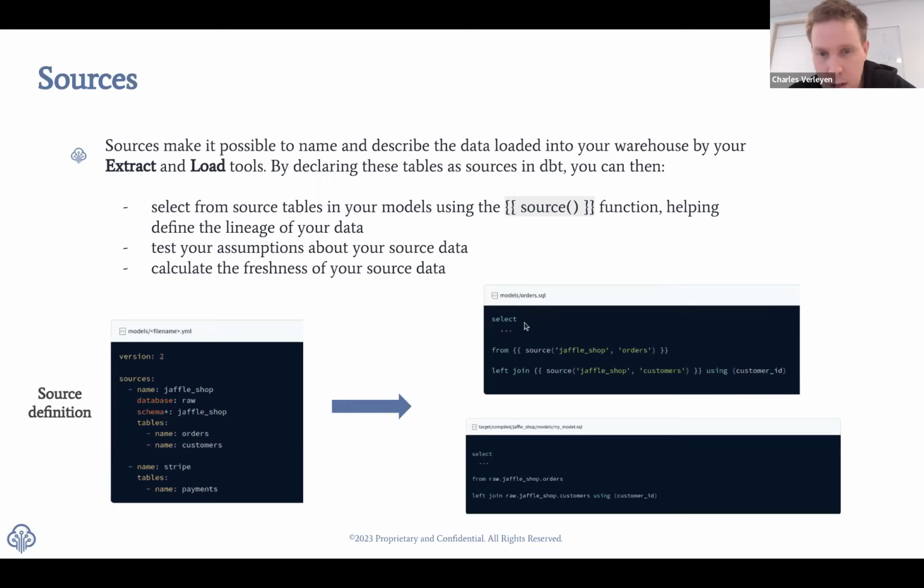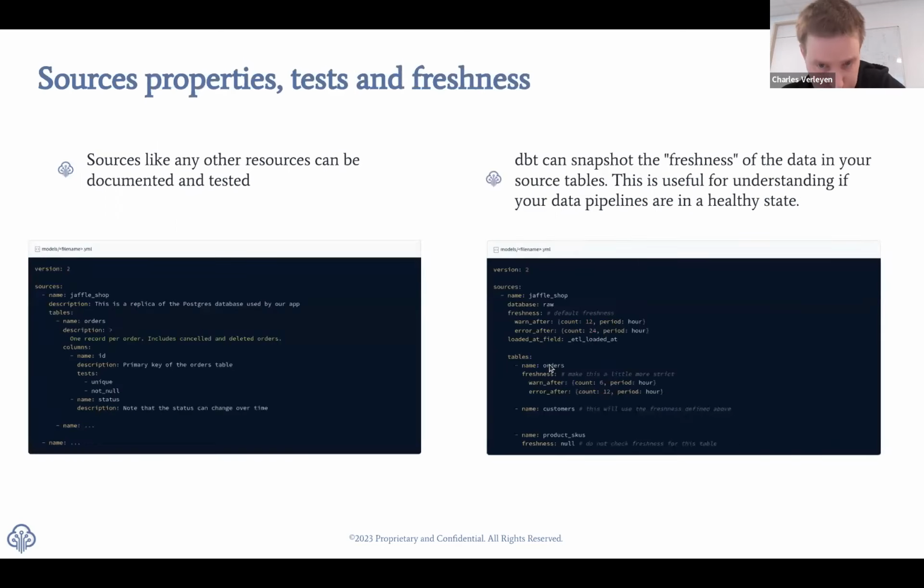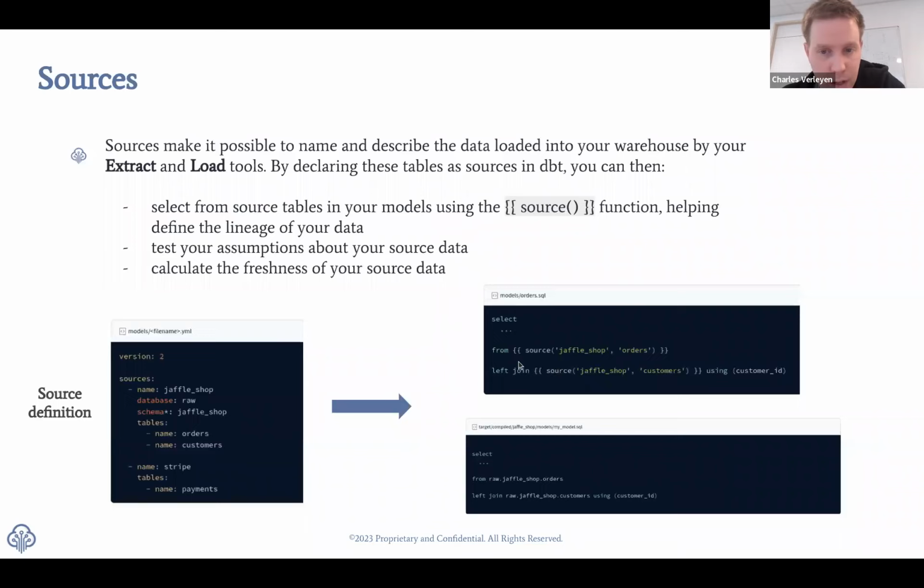Then the first models that use the source will be defined in your staging folder, if we abide by a data layer structure. Here you select from source Jaffle Shop orders, and automatically, as you see below, DBT will compile it into raw Jaffle Shop.orders, so it will put the good table ID.